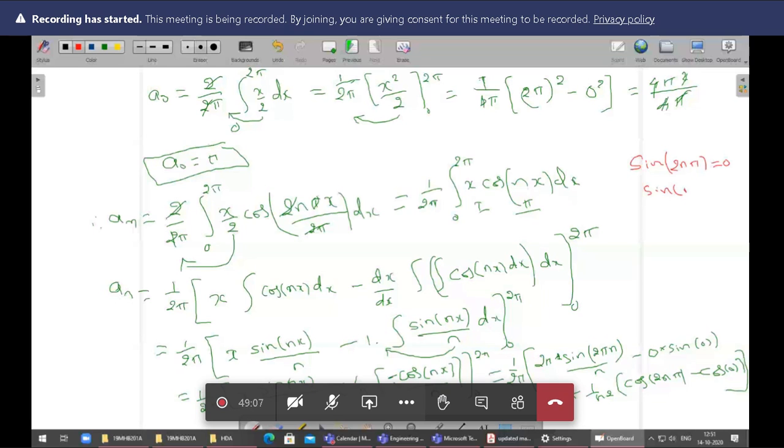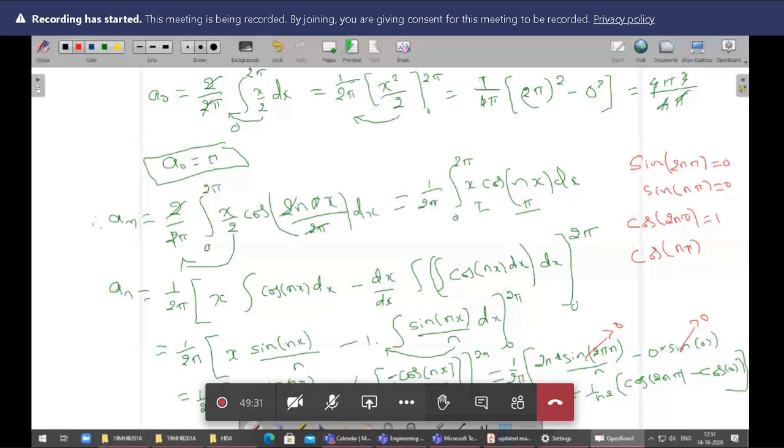Next, this will be 0, and sin 0 obviously you know is 0. What is the cos 2n pi value? The cos 2n pi value is 1, whereas cos n pi value is minus 1 power n.